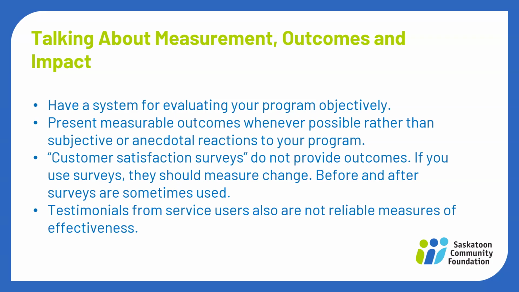Okay, so if you're realistic about what you can achieve, then we're more likely to believe that you can achieve it. Okay, so you want to have a system for evaluating your program objectively. You want to present measurable outcomes whenever possible, rather than subjective or anecdotal reactions to the program. If possible, you want to have outcomes rather than outputs, but it just depends.